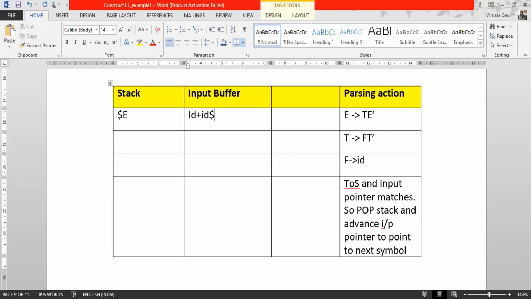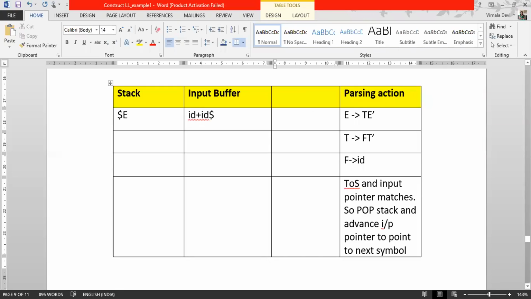Right. Okay, now how does the parsing begin? Every time the parser checks what is available at the top of the stack and what input symbol it reads currently. Currently, the input pointer is pointing to the very first terminal, which is ID. Right? So let me write it here.